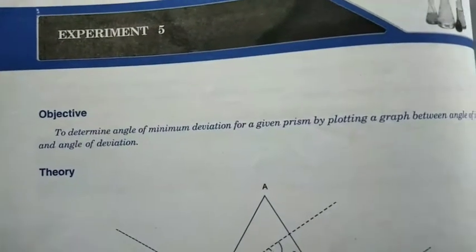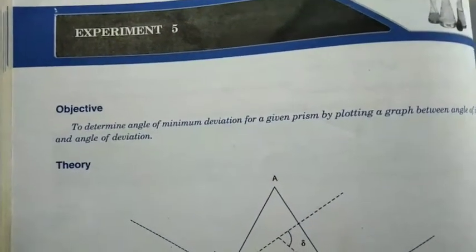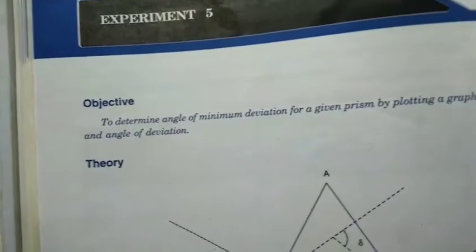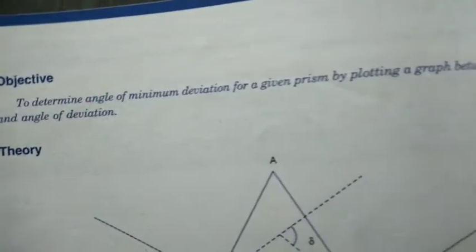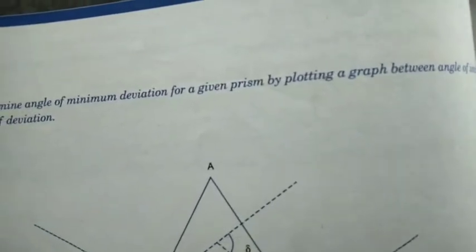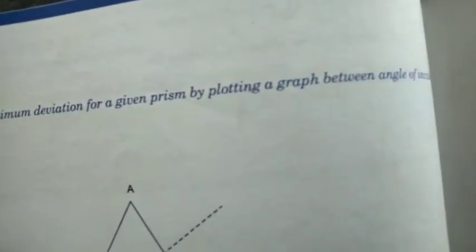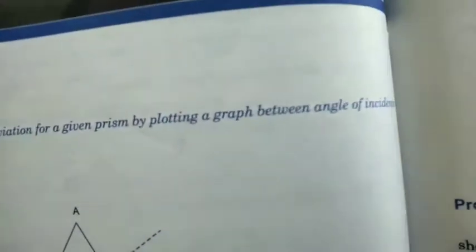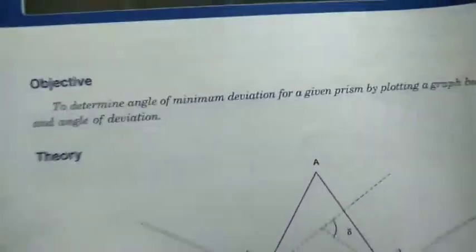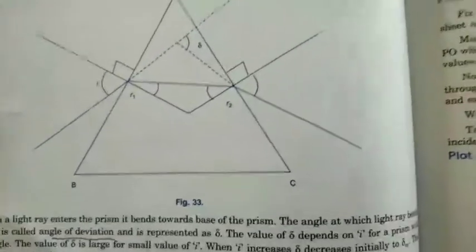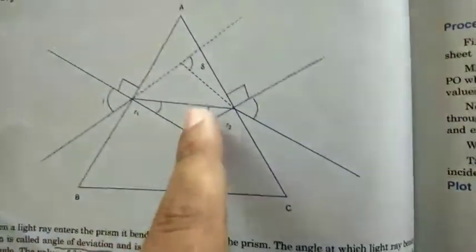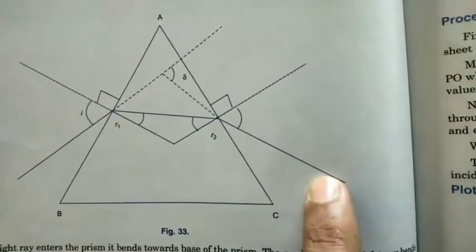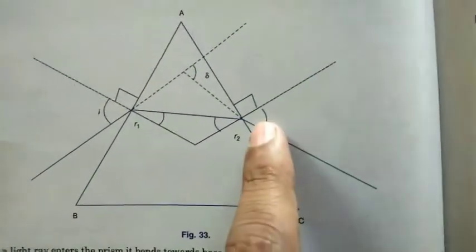Before starting the experiment, let's see what we have to do. This is the ray diagram of the prism. This is the angle of incidence, this is the angle of refraction, and this is the angle of deviation.